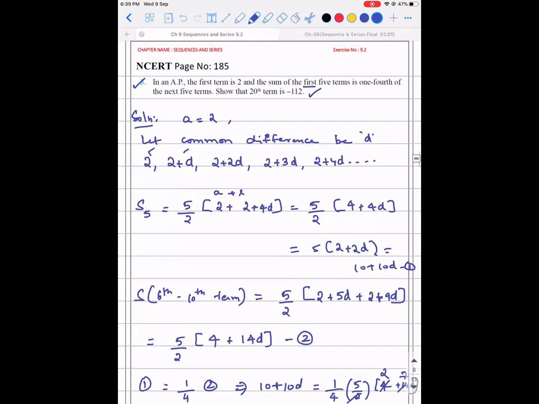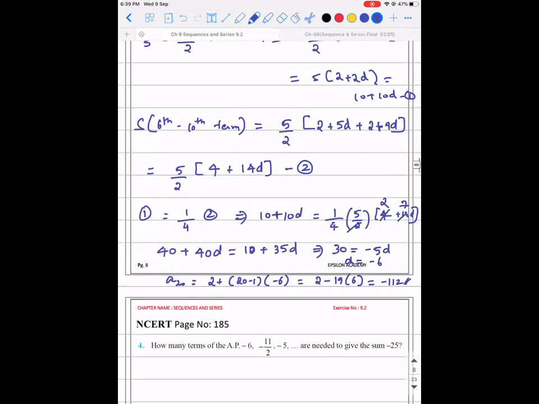That's what they've asked us to show. Right? It is minus 112. Hope it's clear.